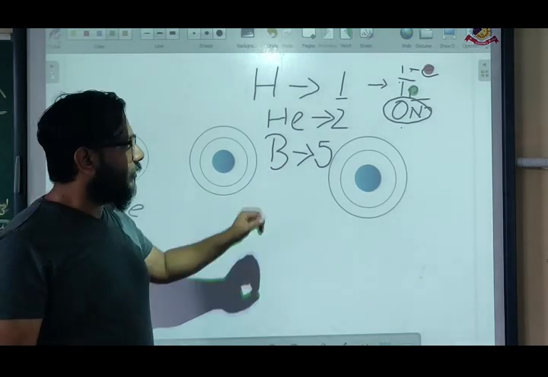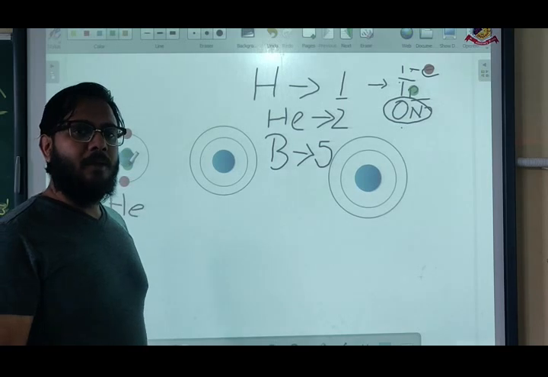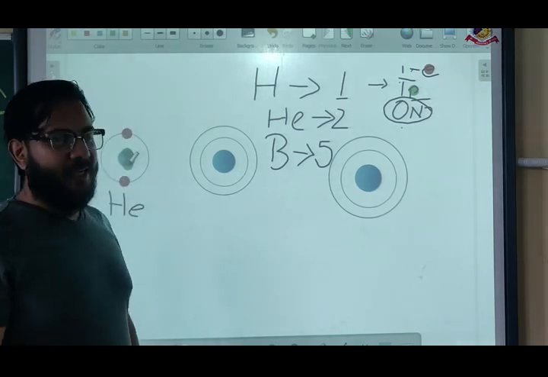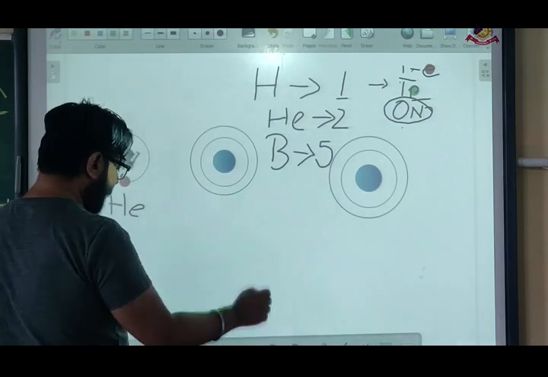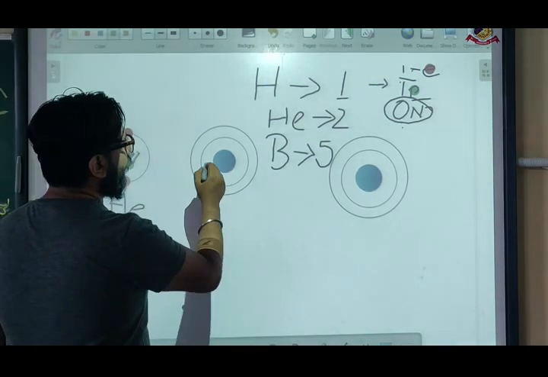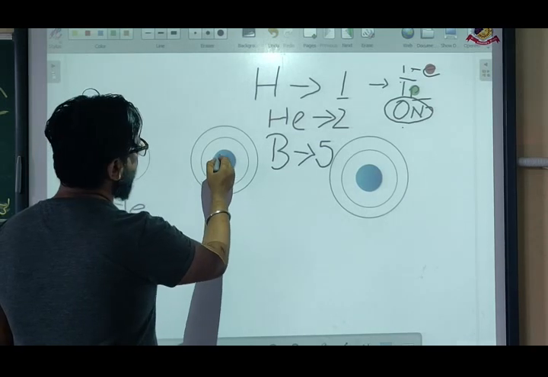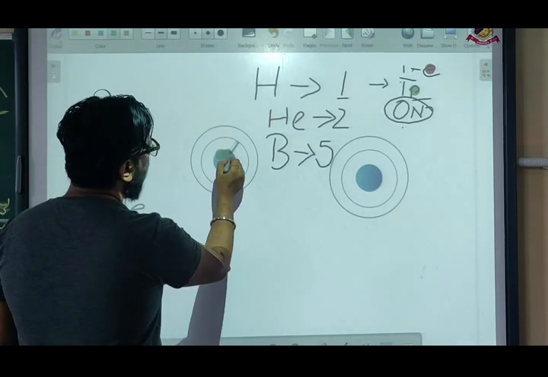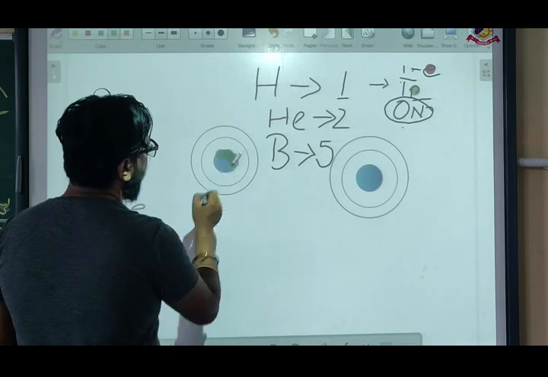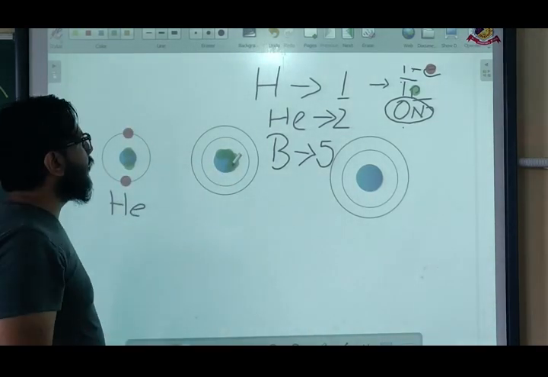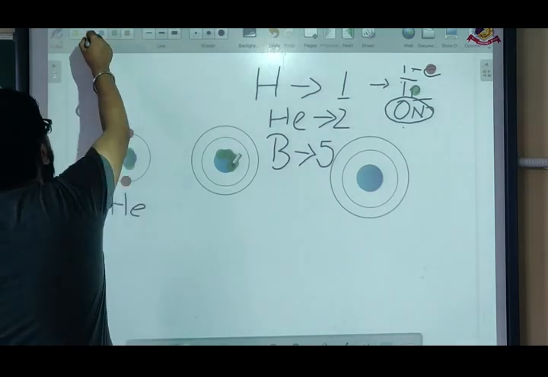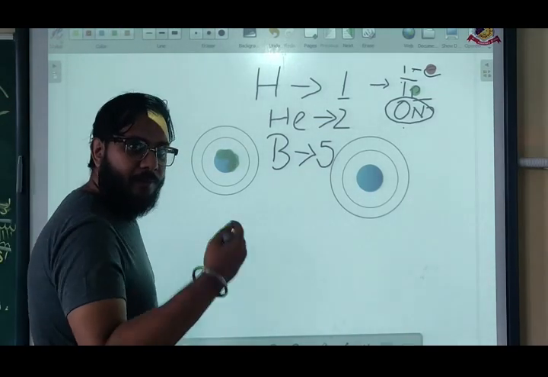Next, boron. Boron has 5. Okay, so it means it has got 5 protons in the nucleus. So you have 1, 2, 3, 4, 5. How many electrons does it have? Again, 5.